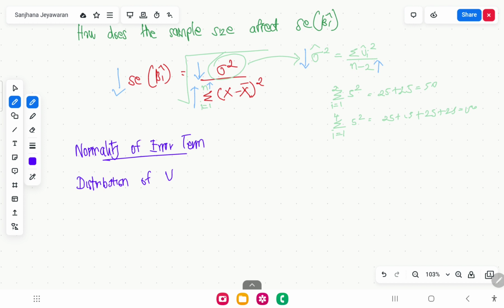However, when we start to make inferences, we definitely need to know about the sampling distribution of the estimators. When we start to make decisions, obviously we have to know about the distribution of beta naught and beta 1, that is the estimators. So in order to do that, we have to make assumptions about the distribution of the error term.